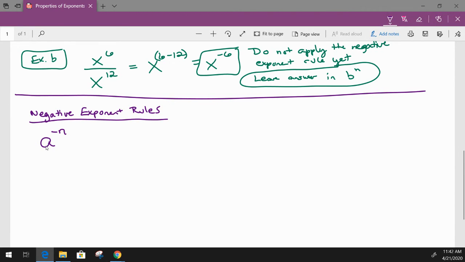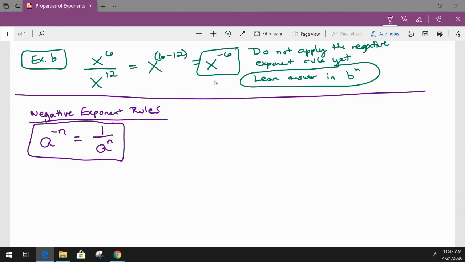So if you have a base with a negative exponent, it does not mean that you have a negative number, which is the biggest misconception. When you simplify using the negative exponent rule, you rewrite this as 1 over a to the nth power. So you're putting 1 over the a to the n, but notice the exponent becomes positive once you move it down. Okay, so that's one of the negative exponent rules.